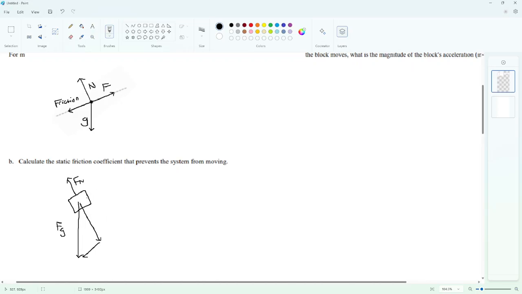And of course, we want to break up the forces into components that match the axes. It's always easier to deal with components when you can break them up into one of two axes. So we'll treat this as one axis, this as one axis, and this as another axis.